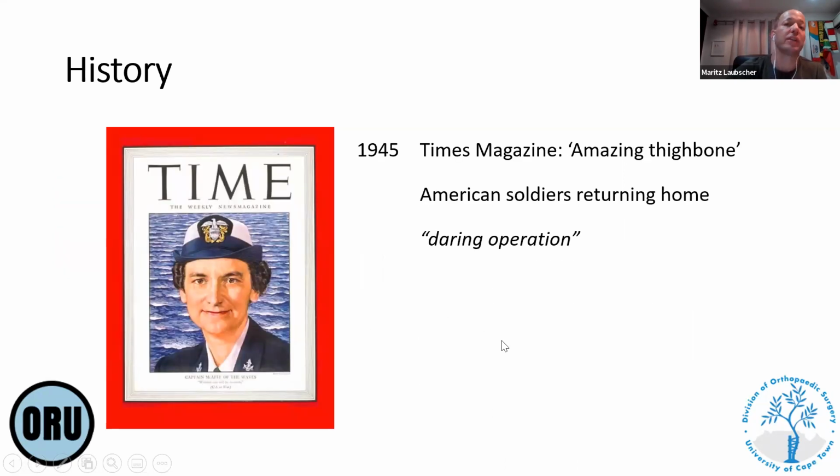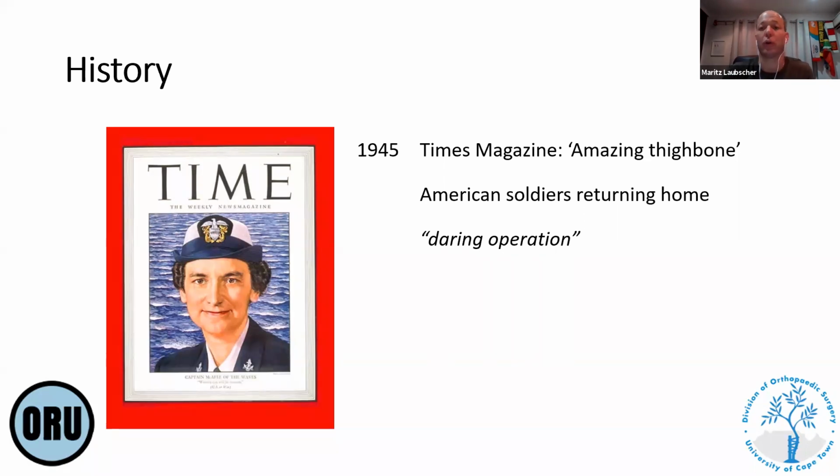And for those that don't know it, in history, orthopedics has made the front page of Time magazine twice. Once was for what was called more recently the operation of the century, which was a hip replacement. And the first time that orthopedics made the front page of Time magazine was in 1945, when an American soldier that fought in the war was injured.